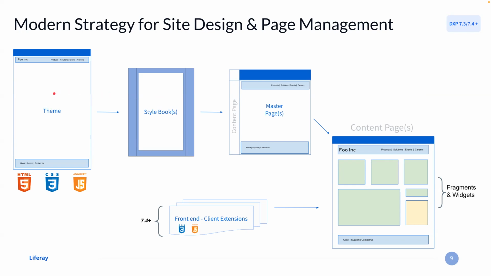Likewise, a lot of theme configurations, or theme settings, can now be moved to newer features such as fragment configurations, client extensions themselves, or even master pages. It's just a lot more easily controlled via the UI versus having to modify the theme and then go forward with a migration.